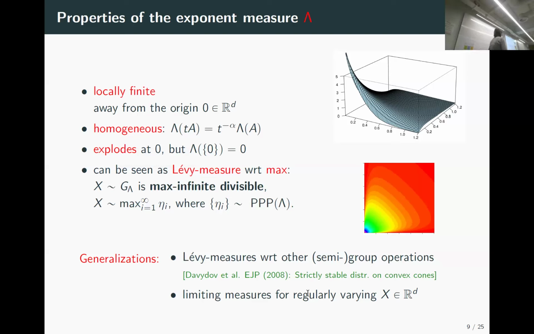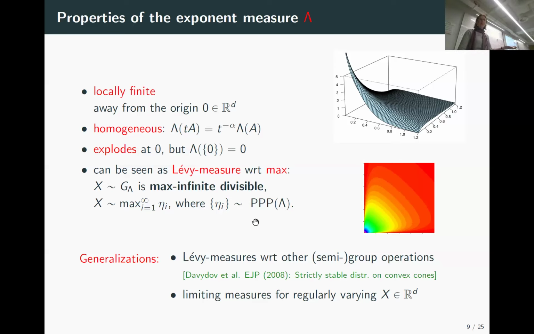And if you're a probabilist, you would probably talk about it as a Lévy measure. But we should keep that explosion in mind, and also that once you step away from the origin, it's not exploding, so it's finite.